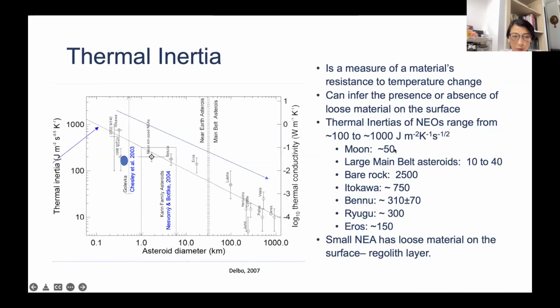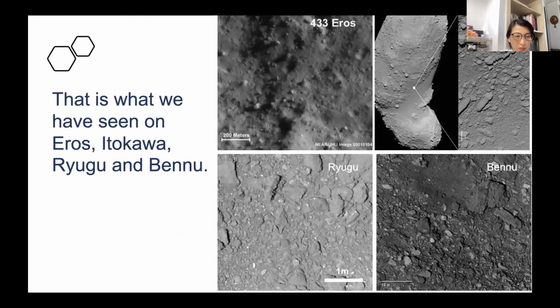So it has very small thermal inertia. Itokawa, Bennu and Eros have loose material on their surface with larger grains, and that's also what we have seen on Eros, Itokawa, Ryugu, and Bennu.